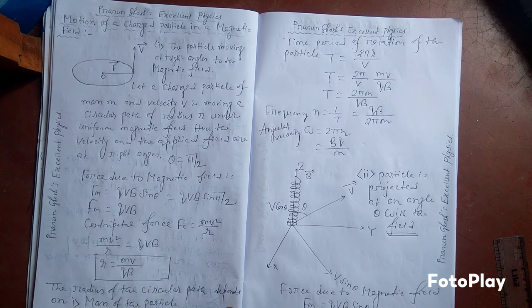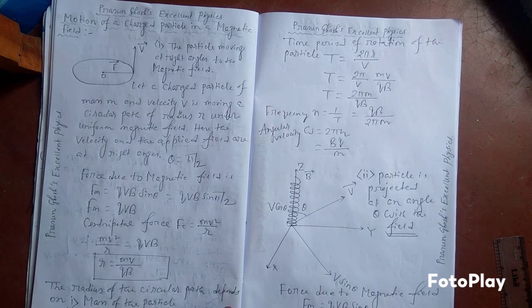And Fc, centripetal force, we can write as mv square sin square theta divided by r.